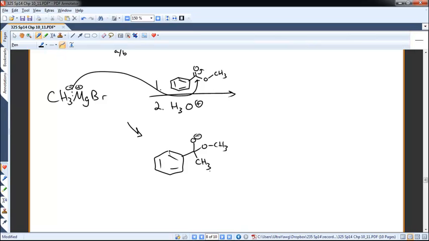But this, as it turns out, has a built-in leaving group. Esters have built-in leaving groups. So the electrons will push back down and kick out the leaving group. In this case, the leaving group is an alkoxide. And I will get a ketone as a functional group. Well, what do Grignards do in the presence of ketones? They do the same thing we've been talking about.